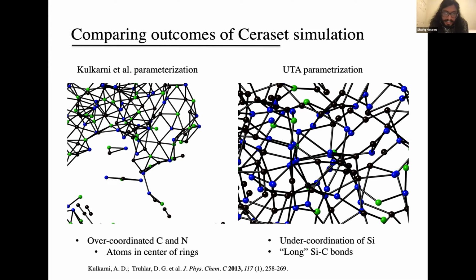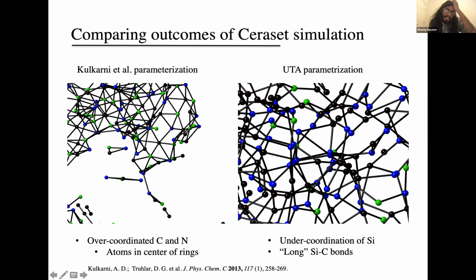And it's not the Kulkarni parameter set's fault, because it was never designed to do these kinds of simulations. But this is what ends up occurring. You can see it occurs throughout a large portion of whatever is shown here, but also throughout the rest of any kind of SiCN ternary solid that forms.